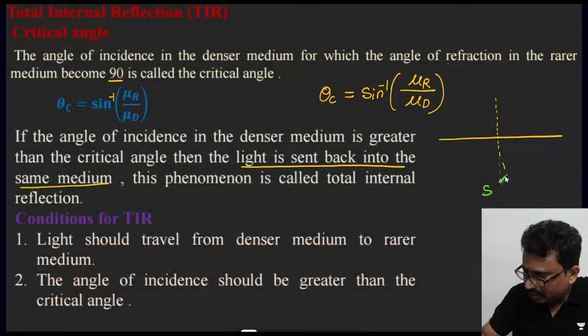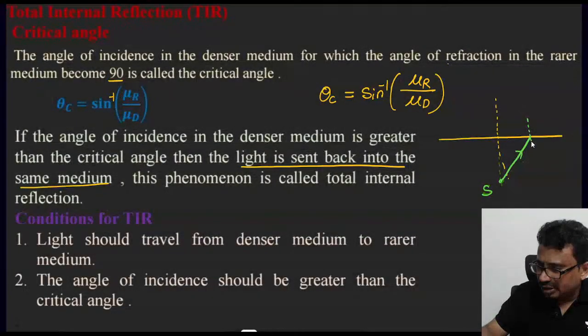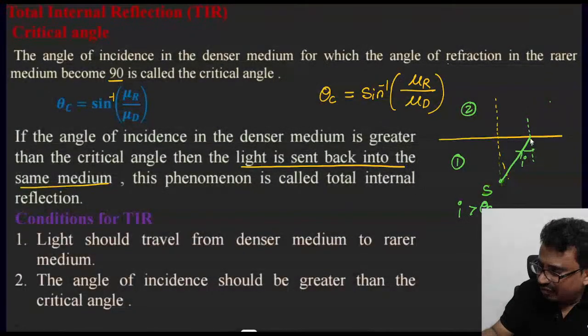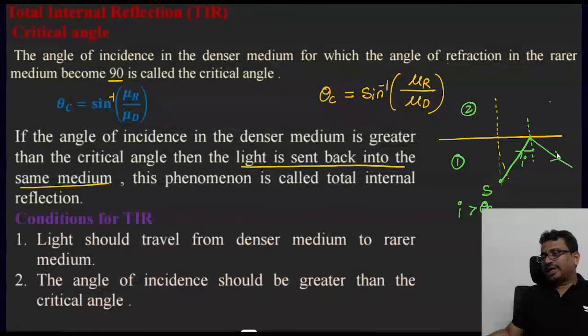The light ray is incident at this medium, and this is the angle of incidence, I. If this I value is greater than the critical angle, then the light does not enter into the second medium. This is medium one, this is the second medium, and the light will reflect back completely into medium one only. This phenomenon is called total internal reflection.